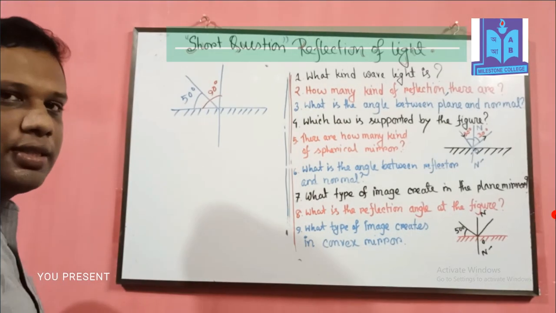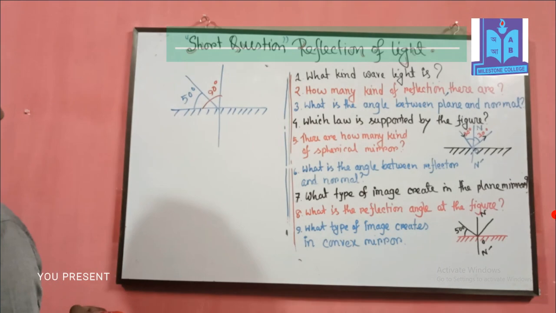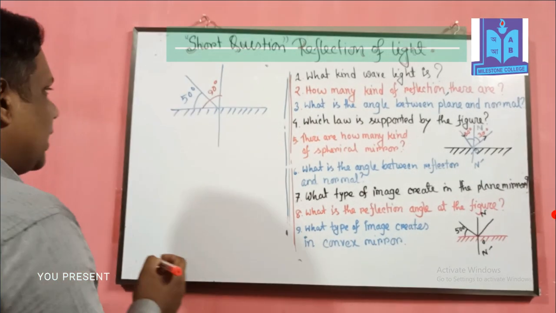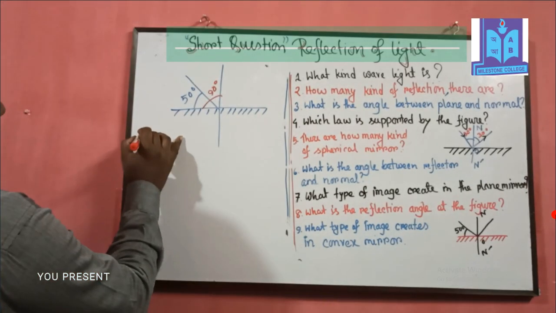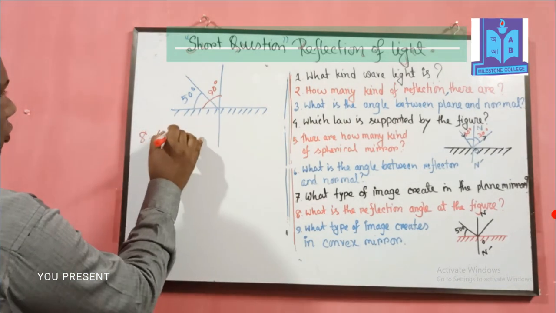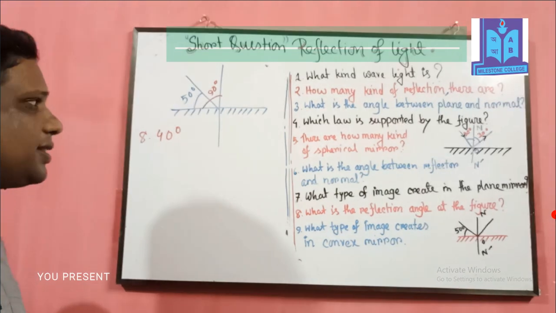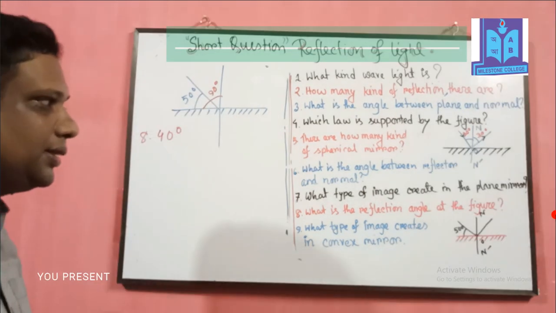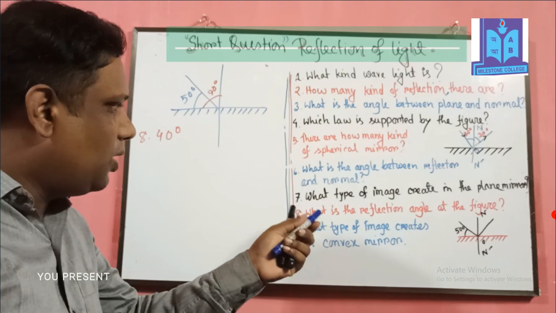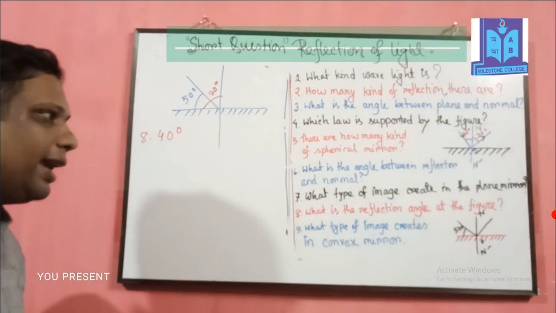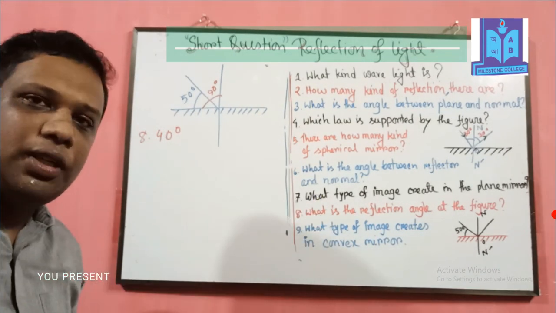If we subtract 50 degrees from 90 degrees, then the answer will be 40 degrees. Why 40 degrees? It is the angle of incidence. But the question is, what is the angle of reflection?